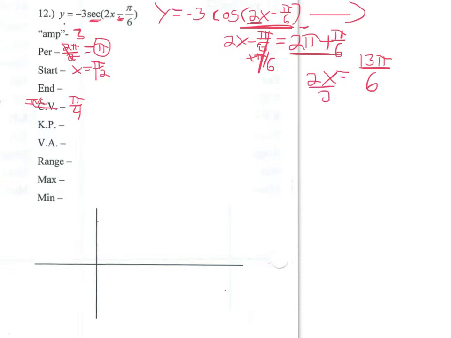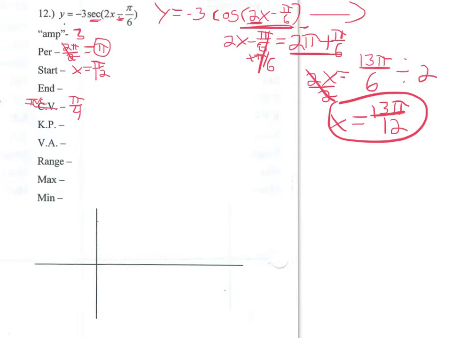Then if you divide by 2, you multiply the denominator by 2. So this gives you 13 pi over 12. So that's the last x value. So it's going to end at 13 pi over 12. And look, it makes sense. The distance between pi over 12 and 13 pi over 12 is 12 pi over 12, which is the period, which is pi.